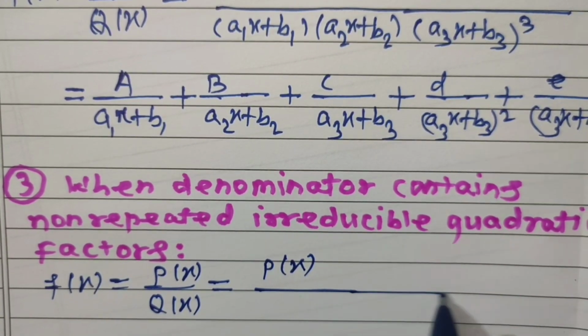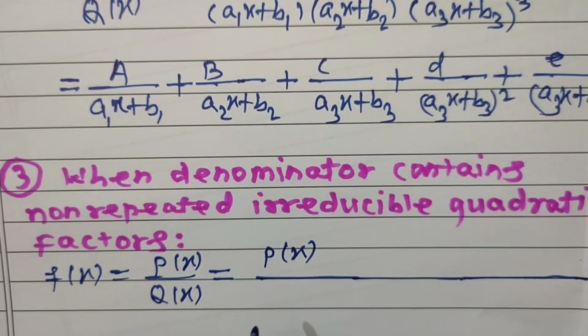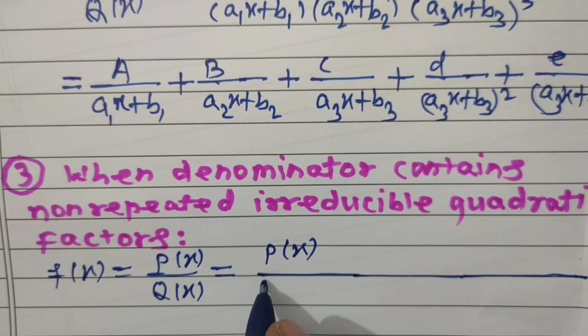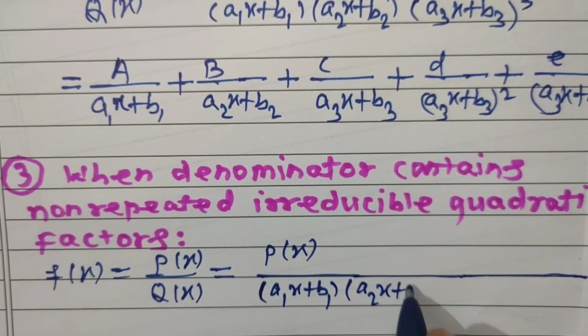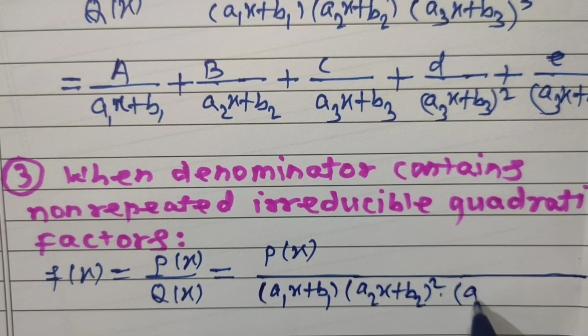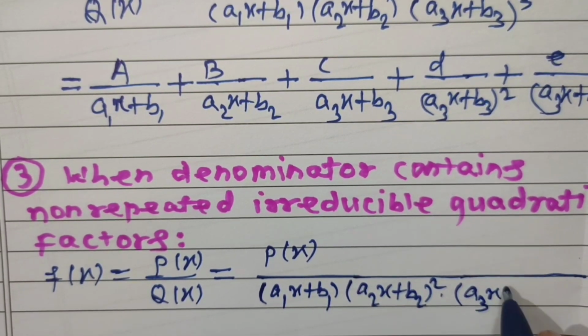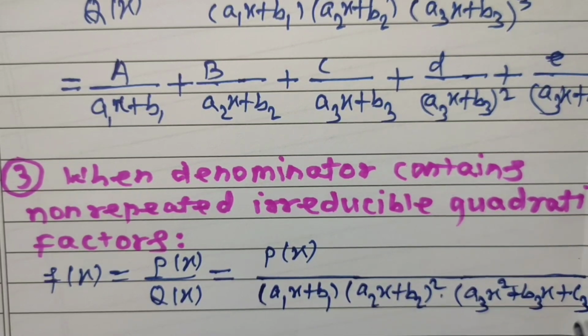We are obtaining factors of denominator, and suppose that denominator contains such type of factors: a1x plus b1, a2x plus b2 its square, into a3x square plus b3x plus c3.